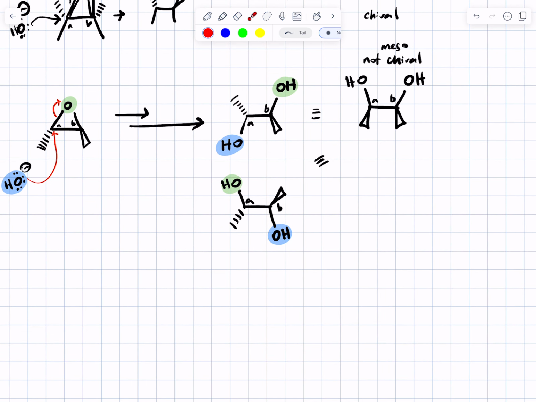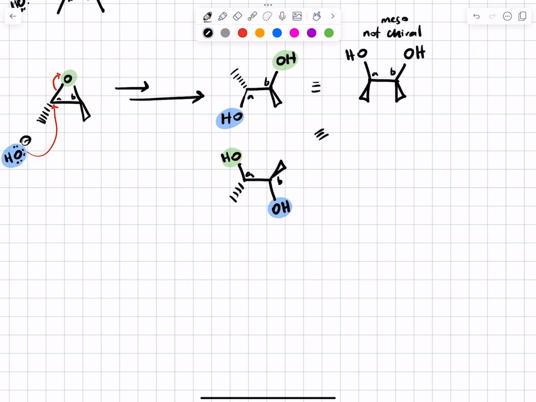So if you were thinking backwards and you chose the green OH to be the nucleophile and the blue OH to have been the epoxide oxygen, then yes, you probably would have suggested that this was the starting material. That would be correct too. So there'd be also that starting material.